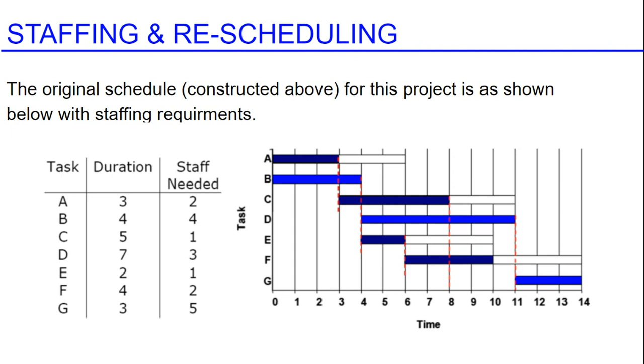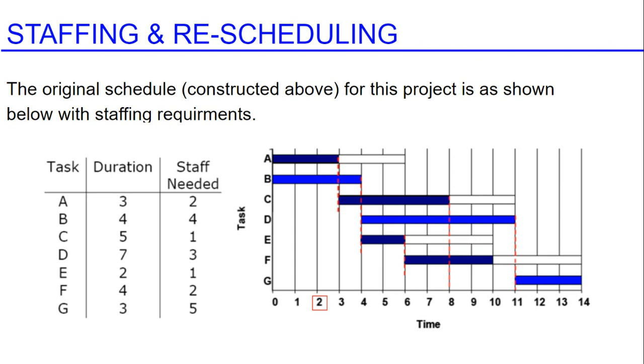So that means for both A and B to be running simultaneously, we would need 6 staff to complete that. Now, if we assume that in time 2 there are 6 people to work, and we say that in time 2 we have an emergency that takes 2 staff away, this would bring the available workers down to 4.